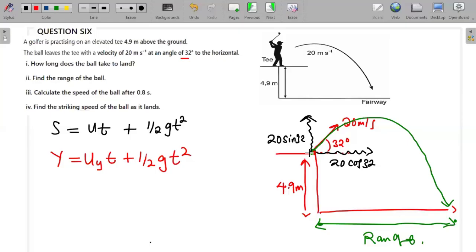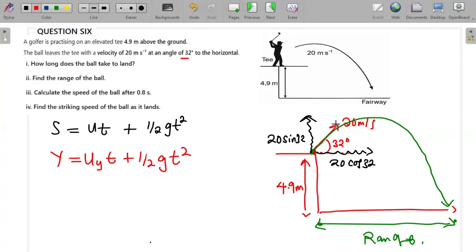Initially its velocity is going above, so it is opposing the gravitational acceleration g, because we all know that the acceleration due to gravity goes down. So the velocity is opposing the g.